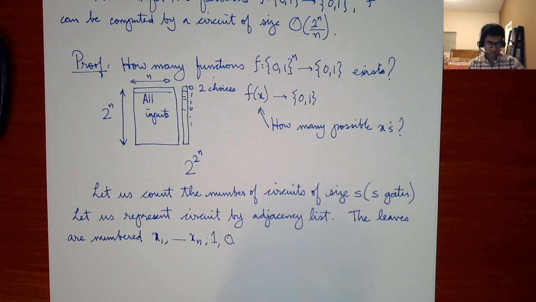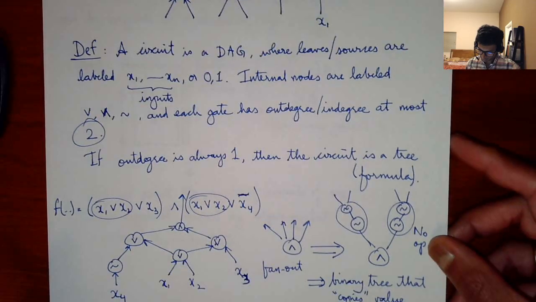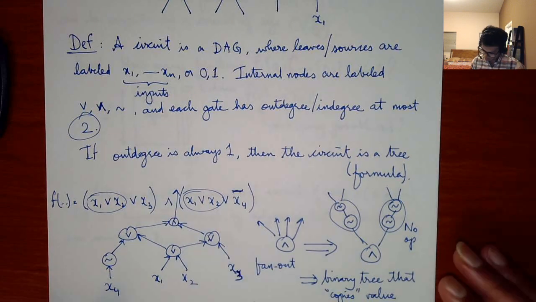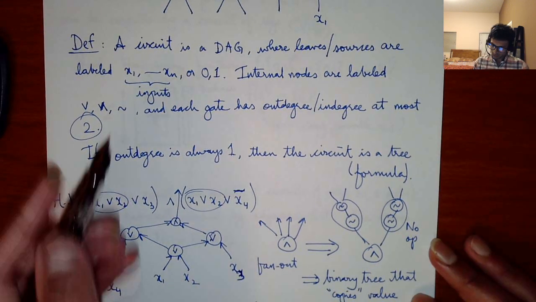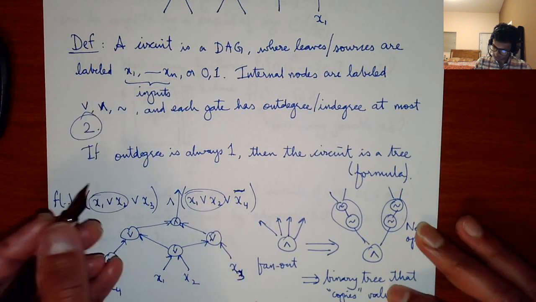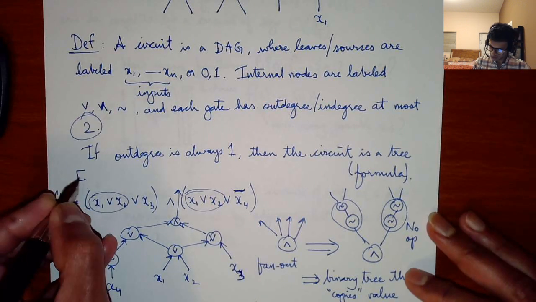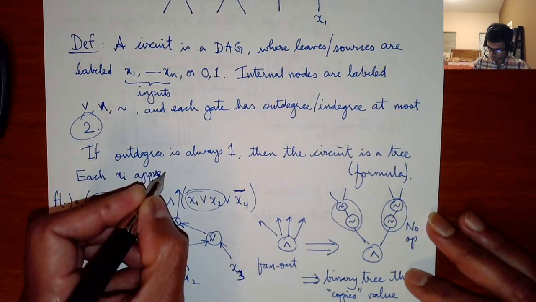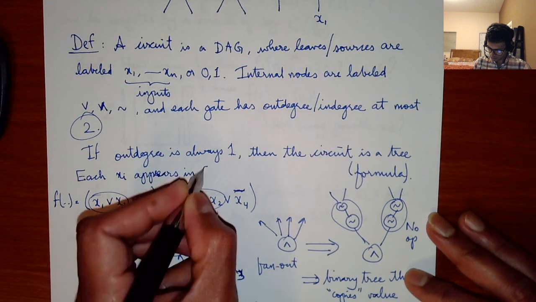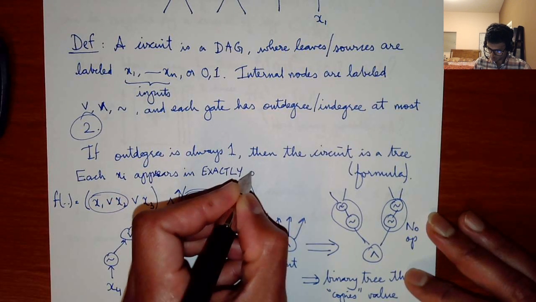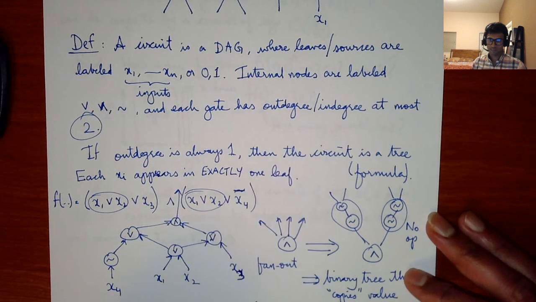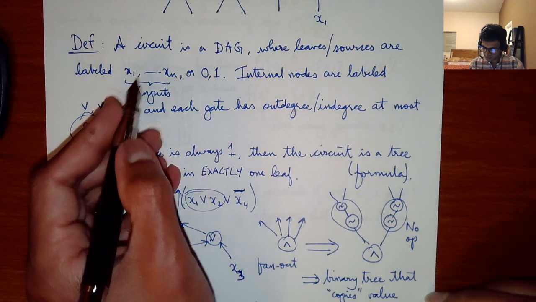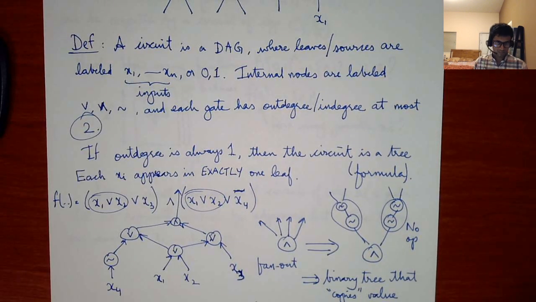And we can assume, because we can do this no-op thing to spread things out, that the leaves are labeled x1 to xn, and we'll also enforce that each xi appears in exactly one leaf. So in our circuit, we're going to enforce that there are exactly n plus 2 leaves.